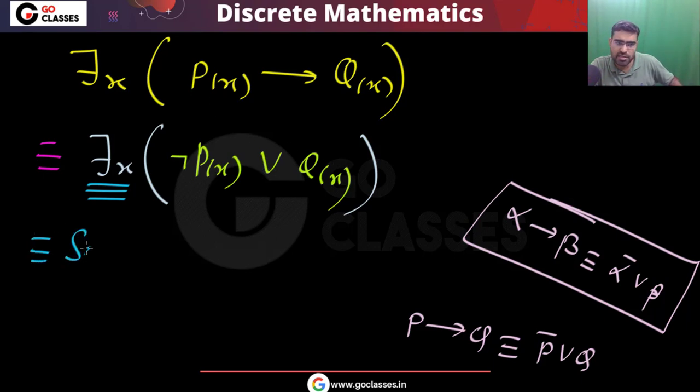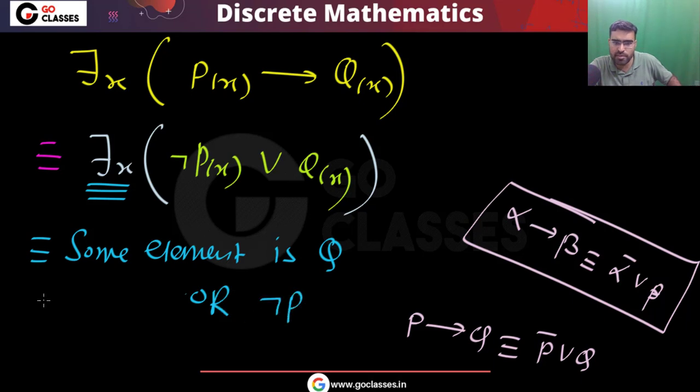Now this is very easy. So I can say there is some element that is Q or not P. Some animal is Q or not P. Very simple. So this is the translation.